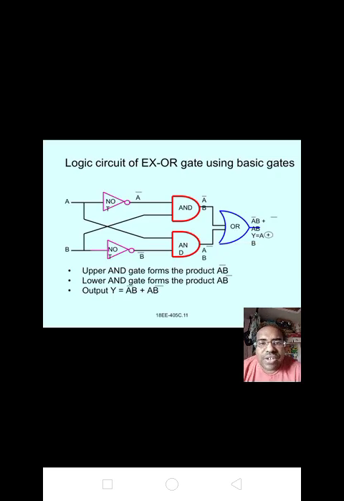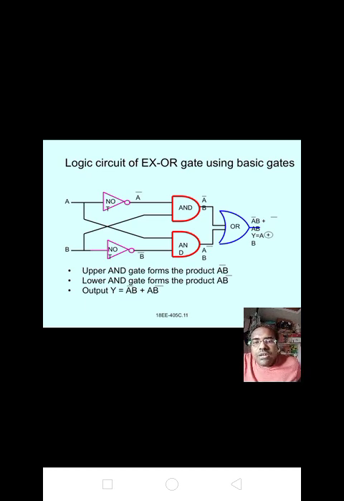The logic circuit of the XOR gate using basic gates is given here. Here we are giving the 2 inputs to the NOT gates and AND gates.